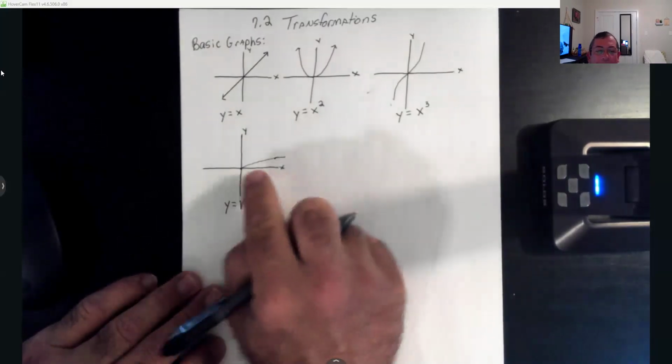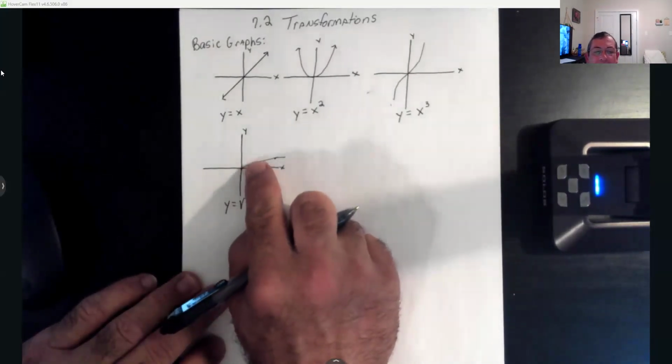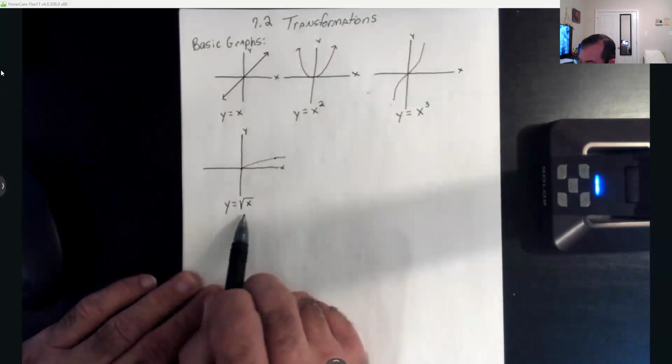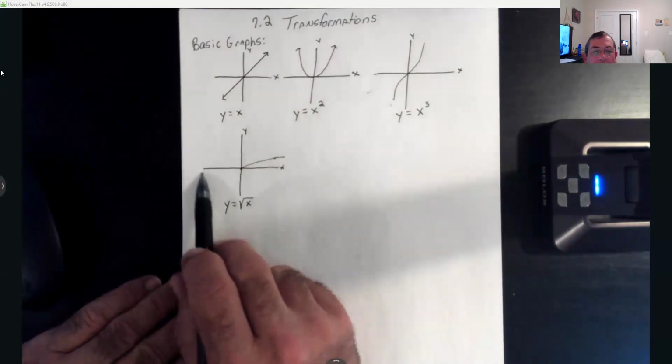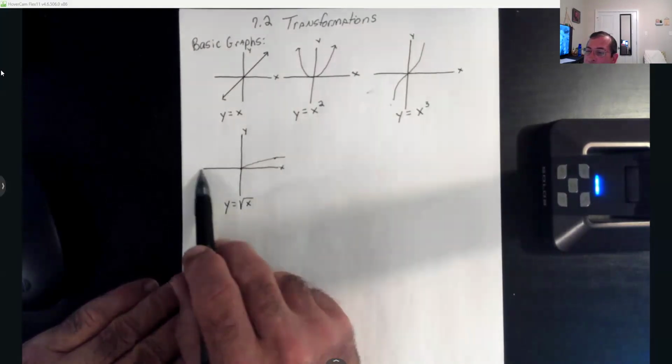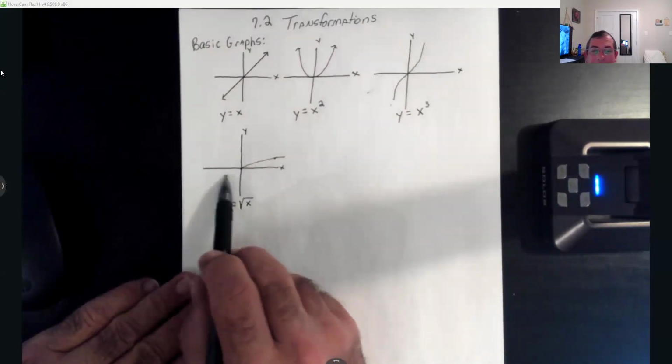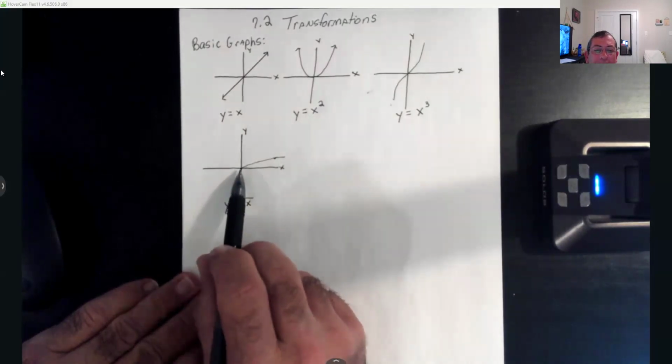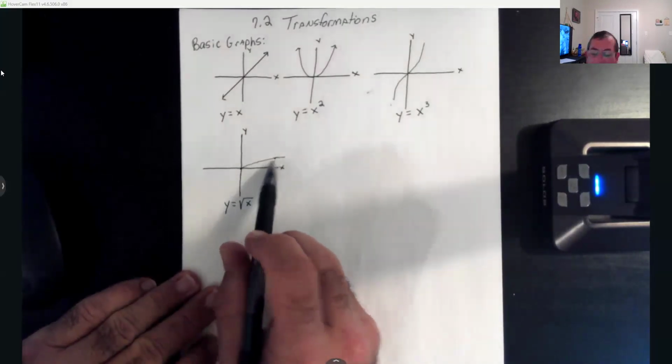So square root graphs start in the center and they slowly go uphill to the right. The reason the square roots are not on this side is because you can't take the square root of a negative number in the real world, okay? So the square root graphs will start at the origin and sort of head to the right.